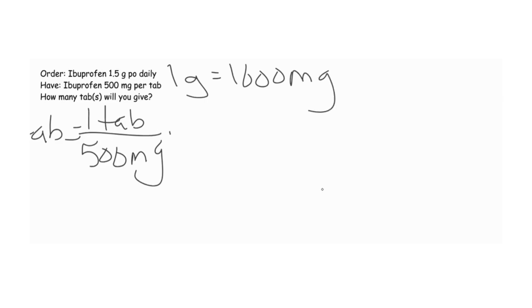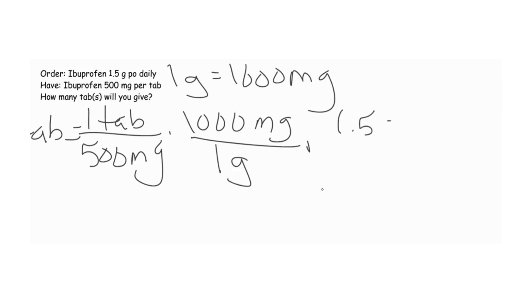We need milligram in our numerator here. So we got to put milligram in our numerator to 1 gram. Now we need to get gram out. But we can look to our order for that. 1.5 gram. And there we have it. It's canceled out. We can solve.